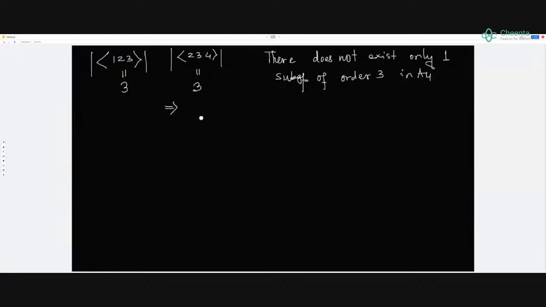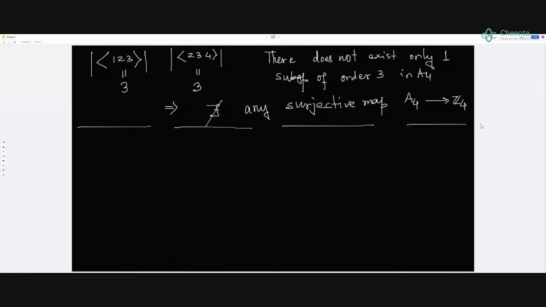This implies there does not exist any surjective map from A4 to Z4. Okay, so this takes care of statement 1, whether it is true or false.